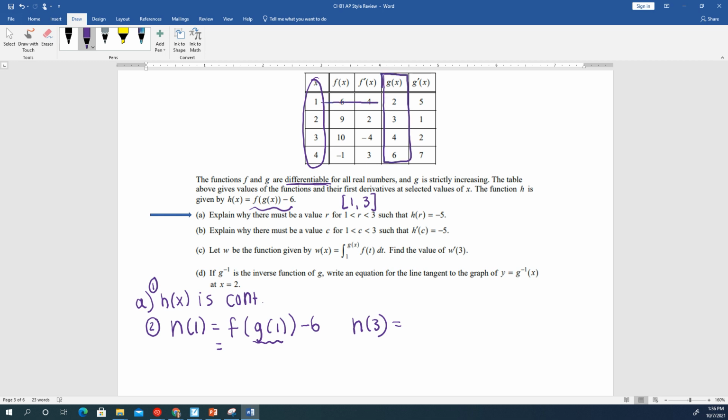So g of 1 is 2. Then I have to find f of 2. Now I'm looking over here. f of 2 is 9. 9 minus 6, we get 3.